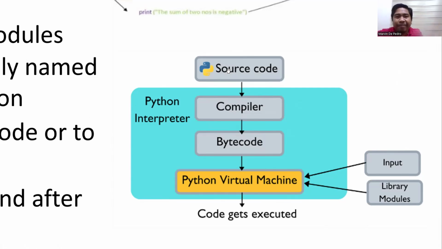Once we have our code and we click the run button or execute the code, this is what happens. First, it goes to the compiler and then the bytecode.